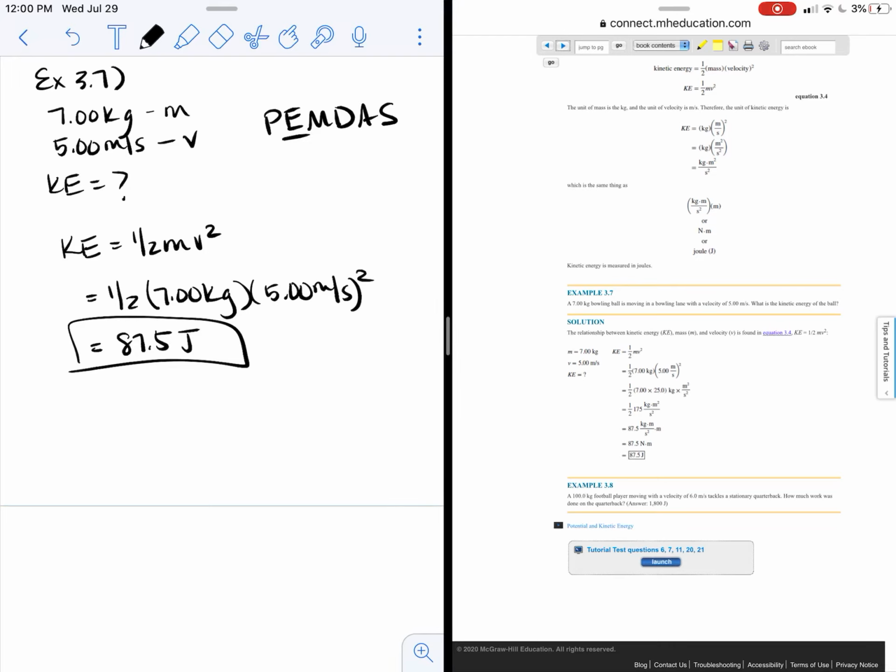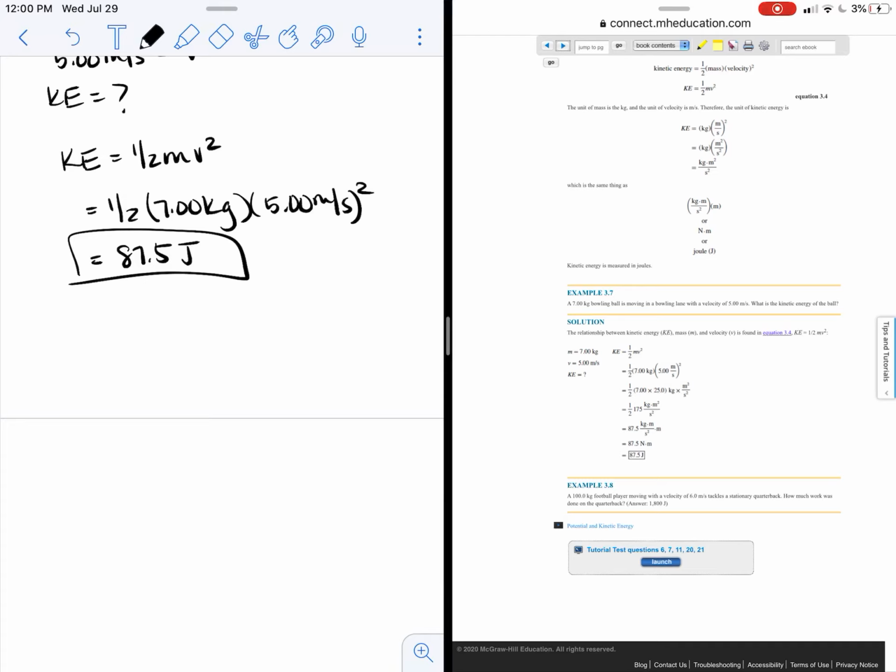Okay, so this example 3.8 is saying we've got a 100-kilogram football player going at a velocity of 6 meters per second, and it wants to know how much work was done.